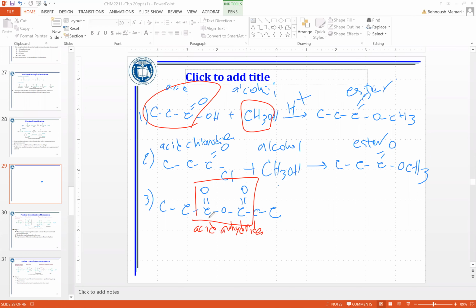Basically, 2 moles of acid have lost water and changed to acid anhydride. If you add water, you add H to the oxygen and OH to this carbon, you end up with 2 molecules of carboxylic acid. So acid anhydride plus alcohol gives you ester.